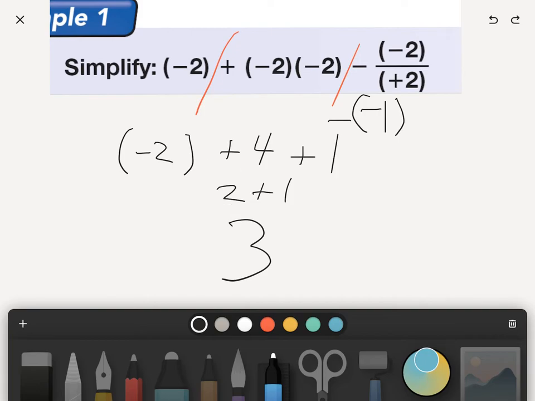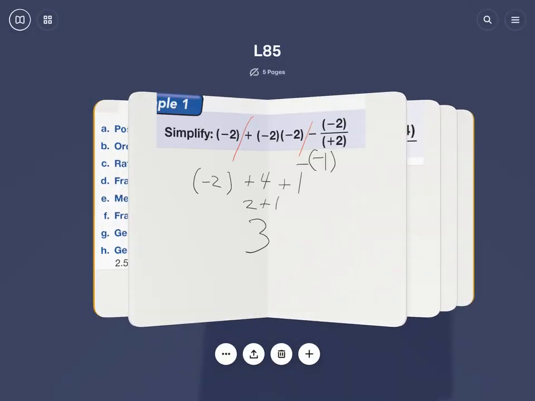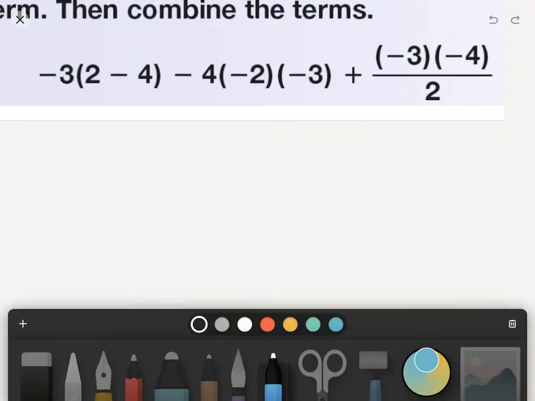Yeah, I did that. -1. No, it's positive 1 because of the minus sign. Yeah, so basically minus -1 gets us positive 1. Okay. Cool. I was rushing along there, so I'm glad you stopped me to check.